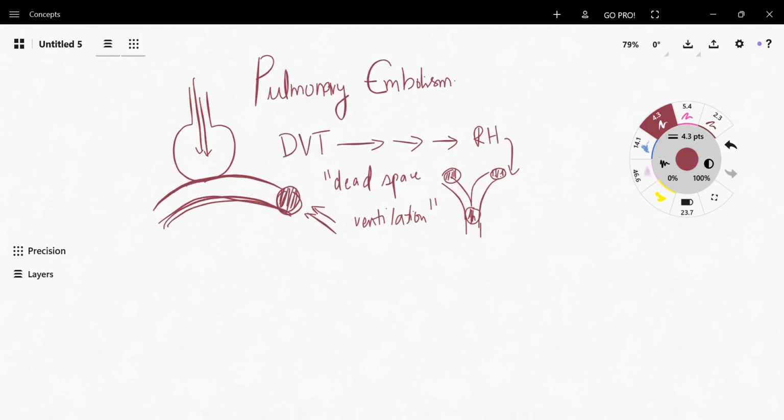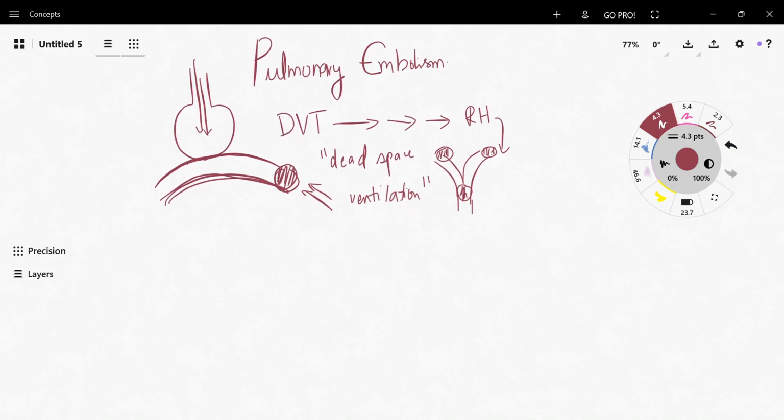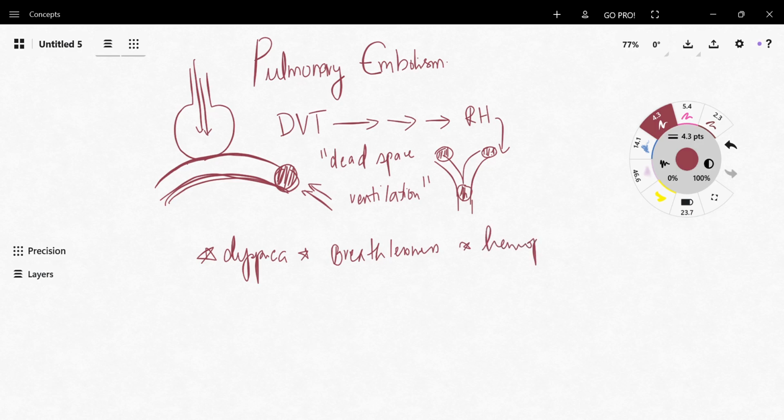So what would pulmonary embolus present as, right? So there's going to be dyspnea, breathlessness, hemoptysis, chest pain.